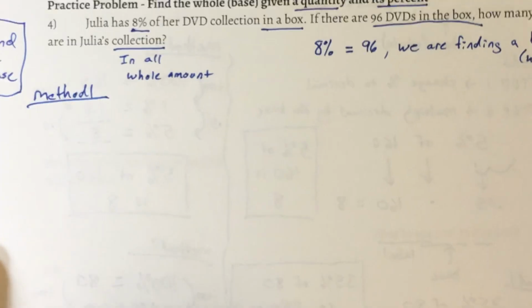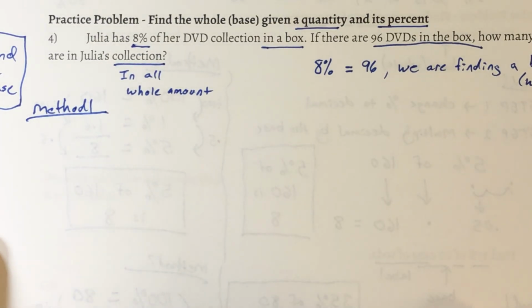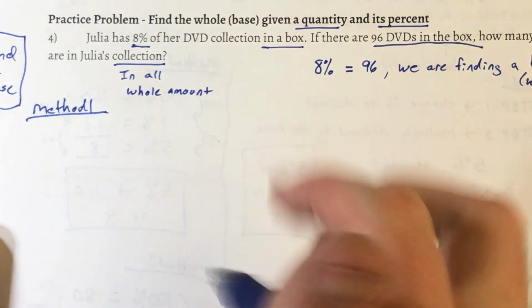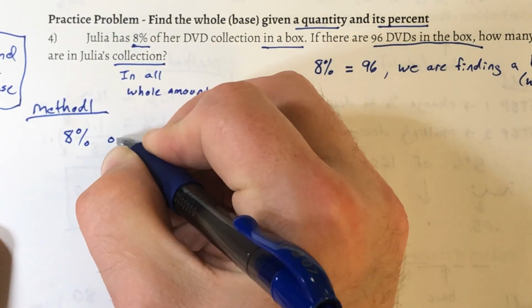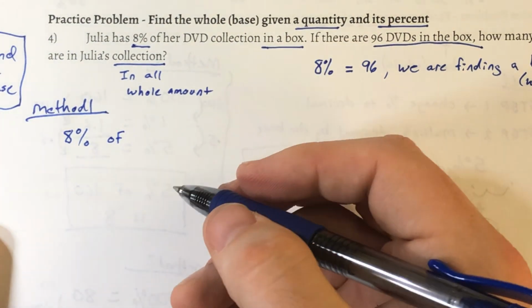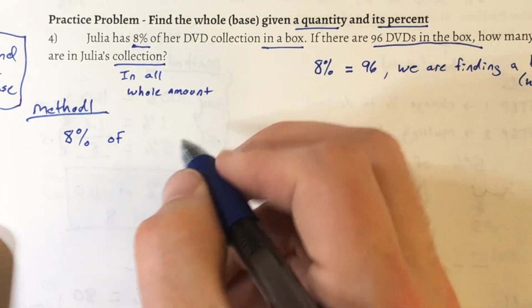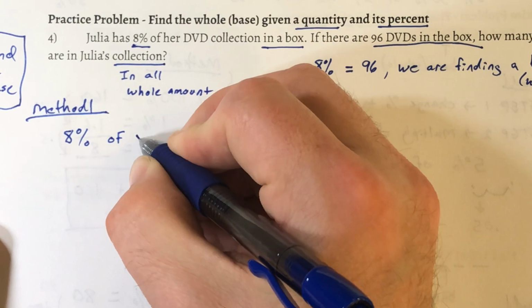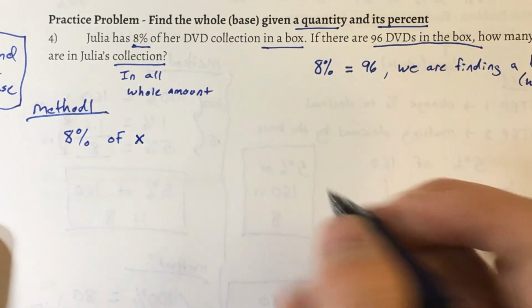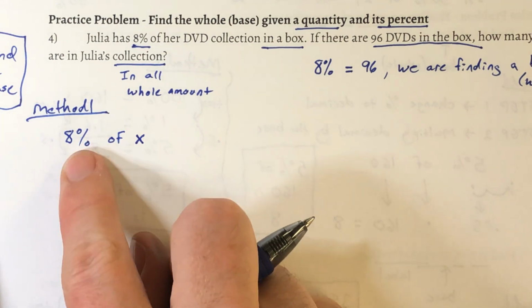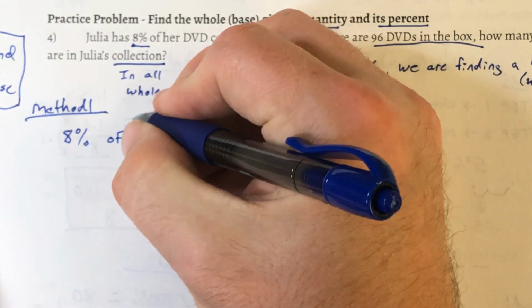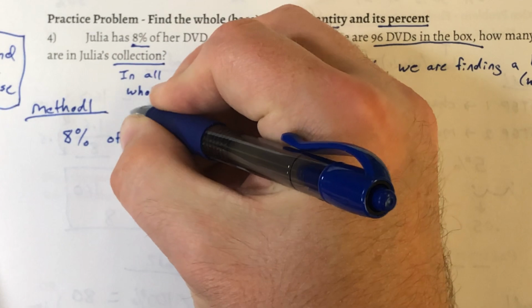So we're going to start with our percent that we're given. 8% are in the box. So 8% of her collection. Now, I'm not going to write of her collection. That's a lot. So we're going to start using variables, letters. So 8% of x. X just represents a number.